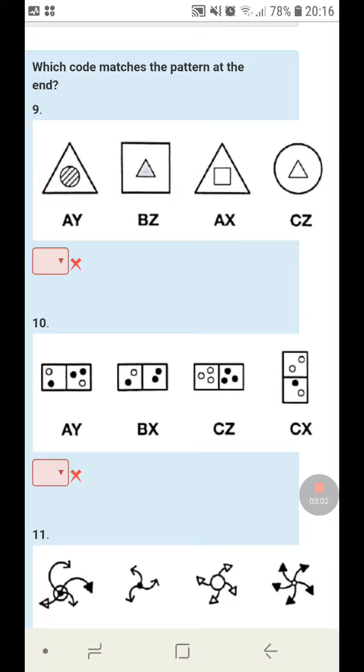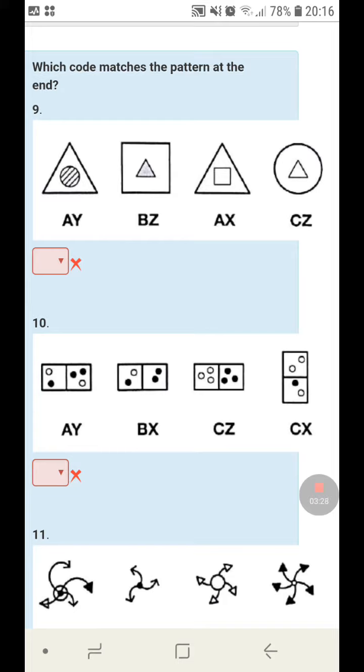Now for that, you know B represents outside square, and C is outside circle. Then if we look at BZ and CZ, BC we know what they represent. Z must represent inside. It could be the inside shape, it could be the pattern or the texture inside.